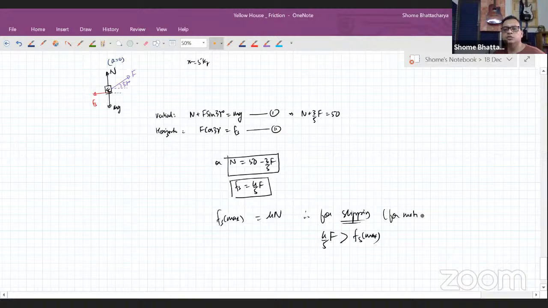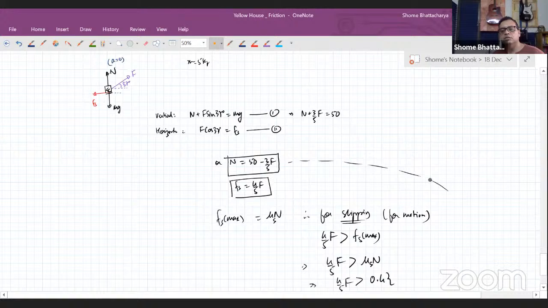So I'll apply that condition now. So 4 by 5 F should be greater than mu s into N. Now mu s was 0.4 and for normal reaction I'll substitute 50 minus 3 by 5 F.